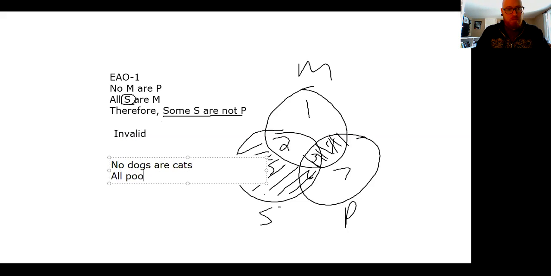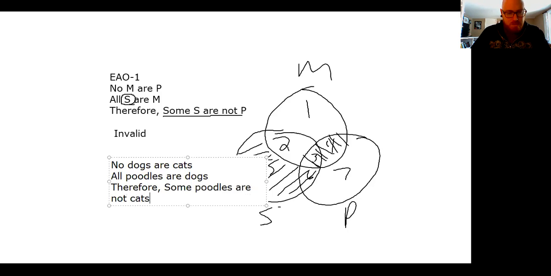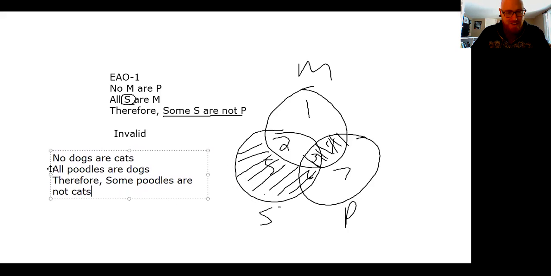All poodles are dogs. Therefore, some poodles are not cats. All right. So no dogs are cats. All poodles are dogs. Therefore, some poodles are not cats.